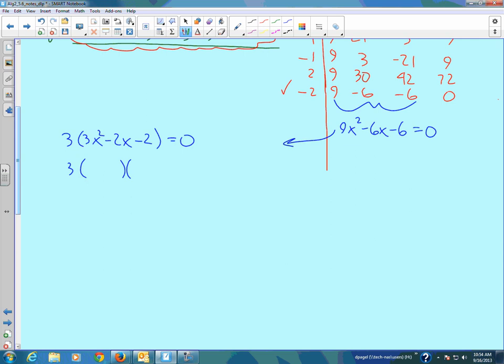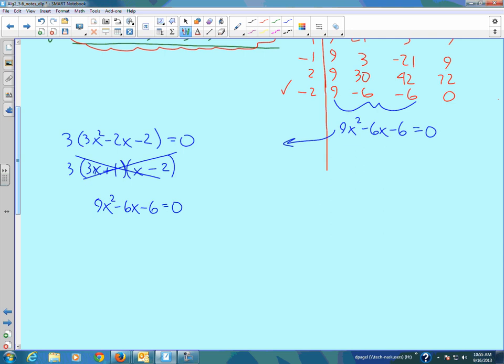I don't know. Let's see what happens. 3x and x. Let's see, we want a negative 6 plus a 1 gives me a negative 4. No. So that's not going to work. So I can't factor this thing, which means I'm going to have to go ahead with my quadratic formula.